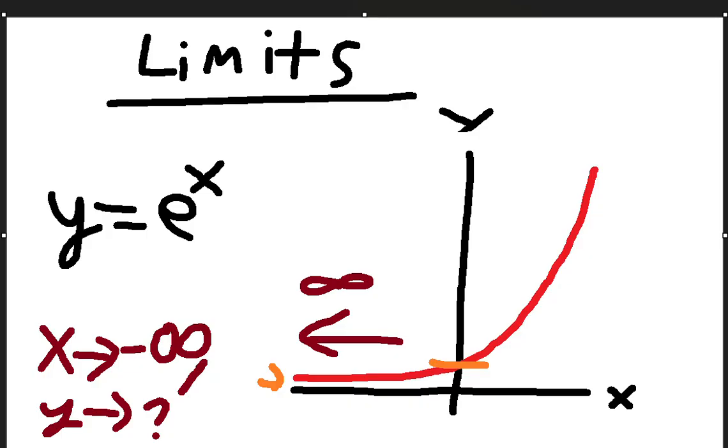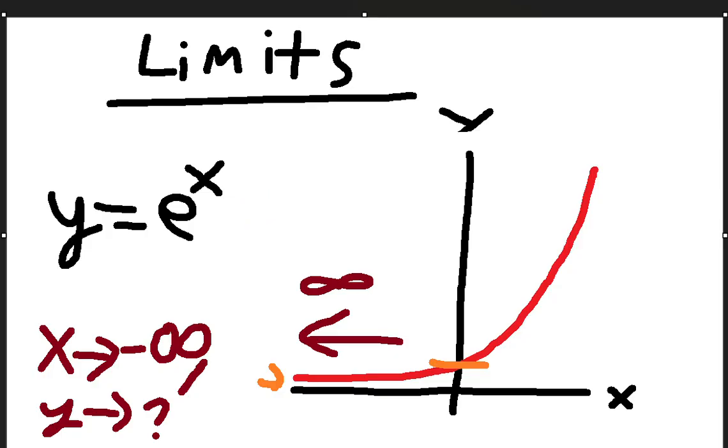And sometimes this can be very helpful, because as you can see here, if you know anything about exponential equations, you will know that when x becomes a very, very, very negative number, e to the x will actually approach 0. It won't actually reach 0.